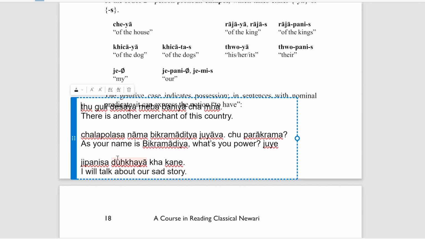Yes, this is the story, and then kane is the telling. Exactly. Gane is the verbal noun of gane, to speak, to tell. The verbal noun is in a future sense, like I will do this, I may do this. So I will talk about our sorrow story.